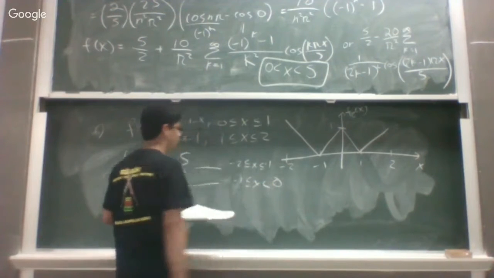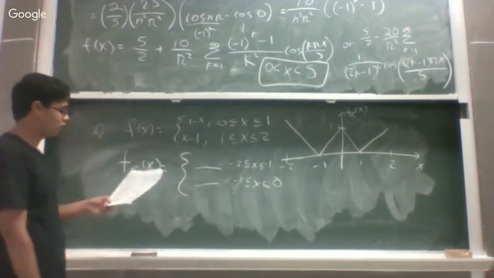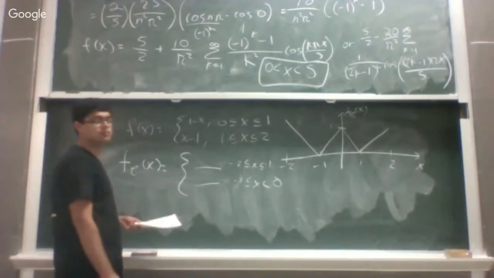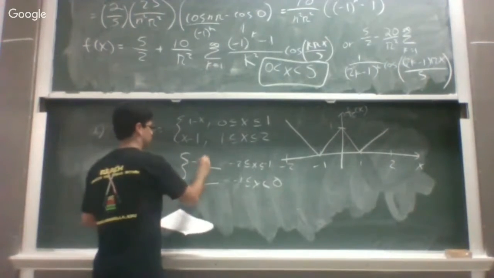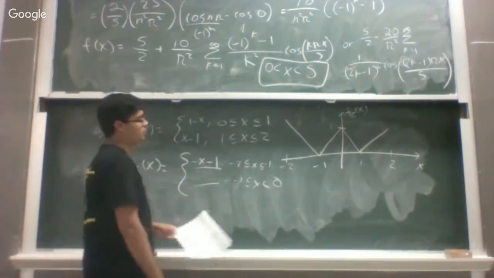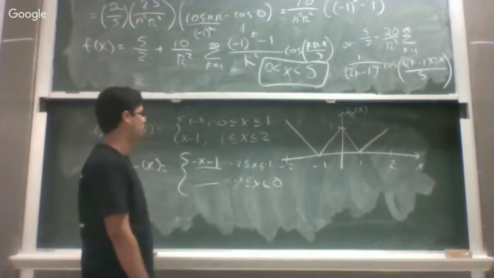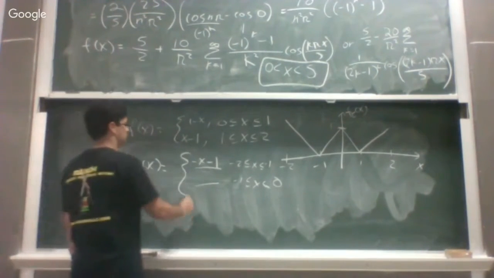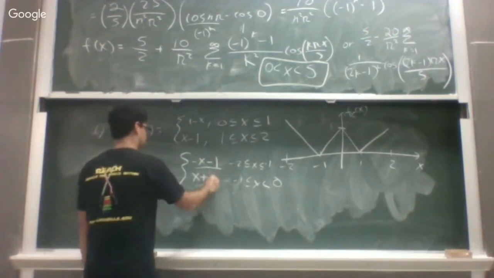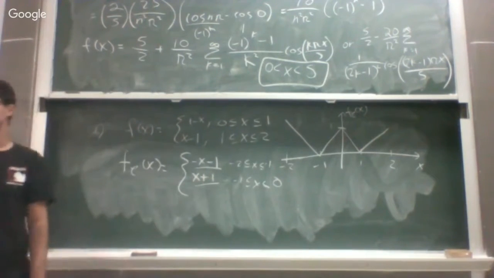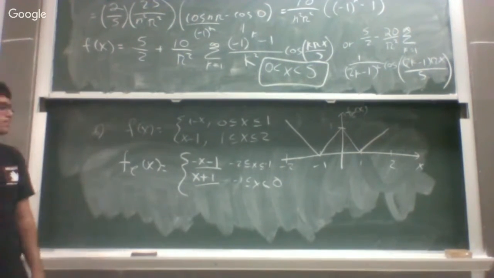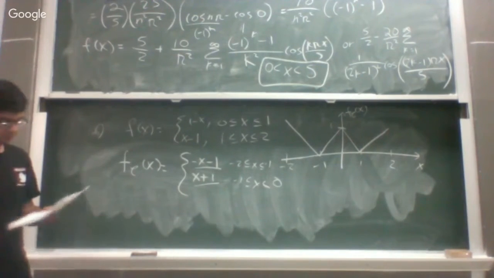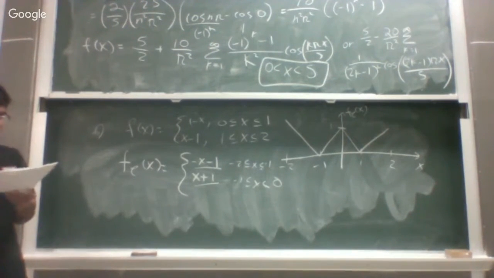So between -2 and -1, what is the formula for it? Negative x minus 1. So if it's negative x, going to minus 1. And between -1 and 0, what is the formula? X plus 1. Yep. That was 6 points. Apparently.